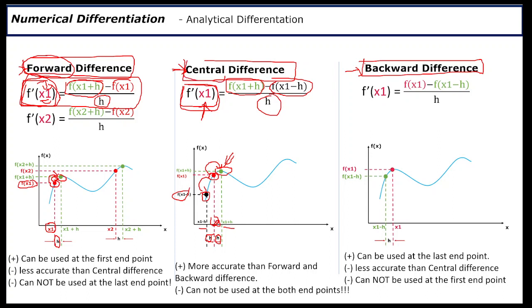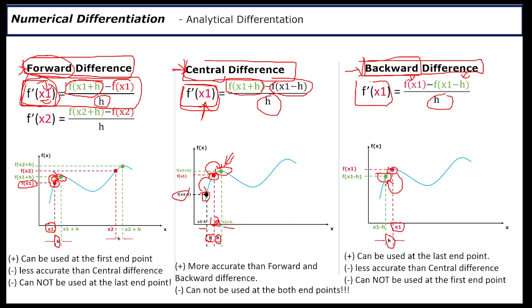And lastly is the backward difference. If we want to compute the first derivative of the red point at x equal to x1, we need to move backward one step with the step size of h. We will have the information of the green point, and we calculate the difference between our point and the backward point divided by the step size h.